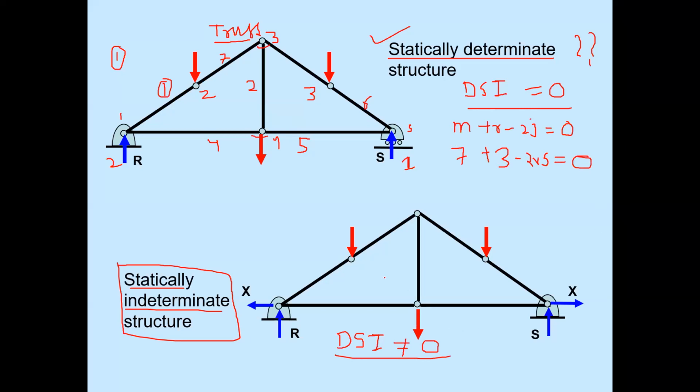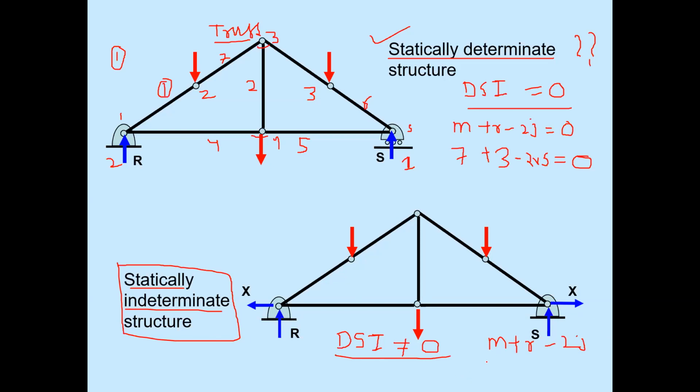Same scenario in this case if we go through. Now the same scenario is this. Here the value of R is not equal to 1, it is equal to 2. So M plus R minus 2J.